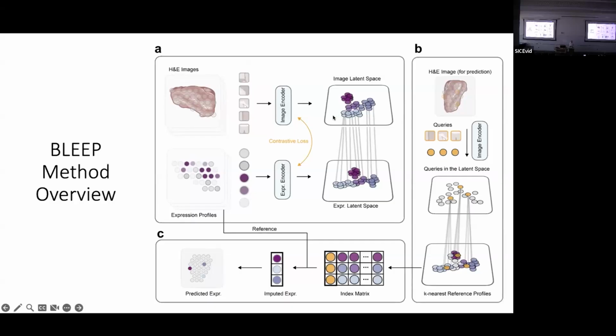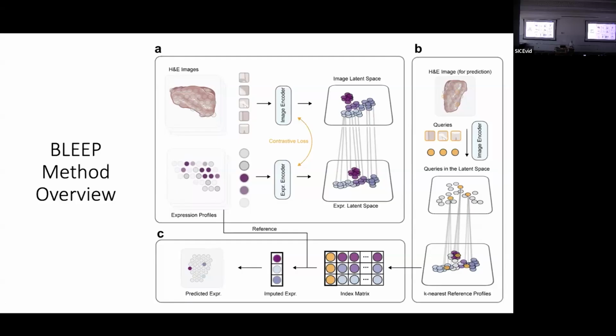That maps the images into a space, an embedding. And we do something similar for the transcriptome. In this case, we're using 10x Genomics Visium spatial transcriptomics technology. Visium measures spatial transcriptomes as a series of spots. Each spot is basically measuring the gene expression levels of the tissue above it.